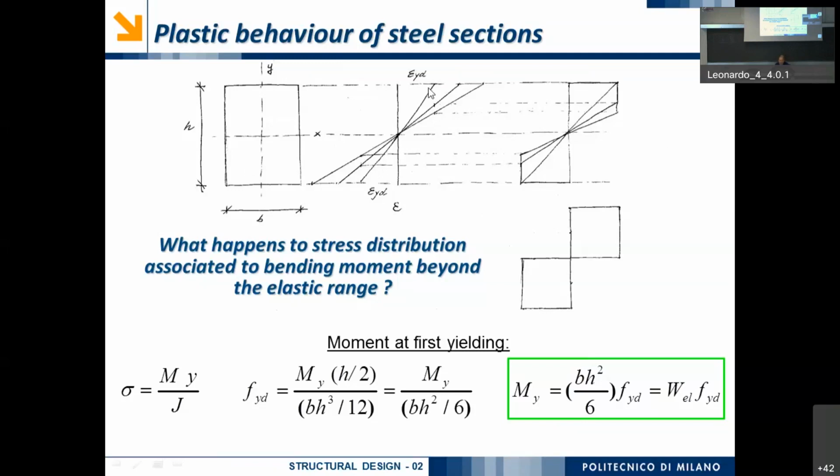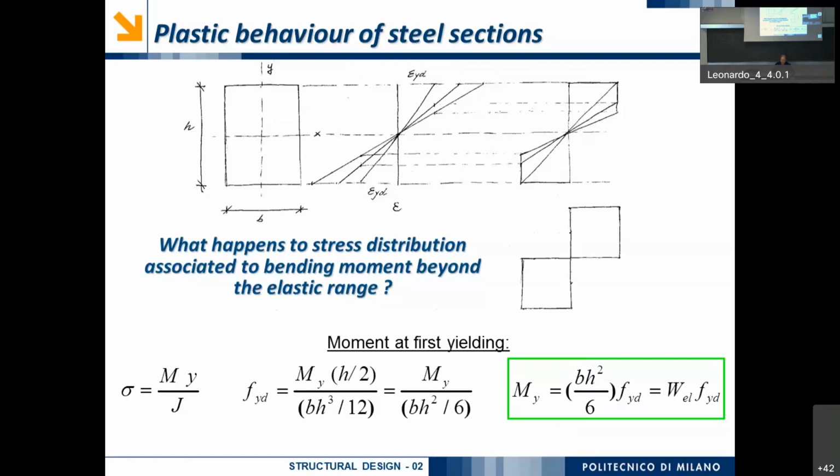For example, when we are at yielding, the moment at yielding is defined as the value of bending moment that we have, for example, when the two extreme fibers undergo the yielding value of the strain. Okay? When we have this typical behavior, the corresponding diagram of stress is still linear, okay?